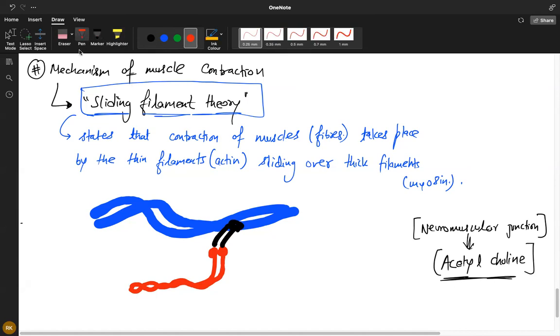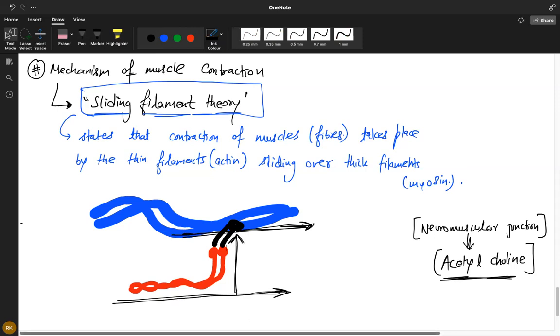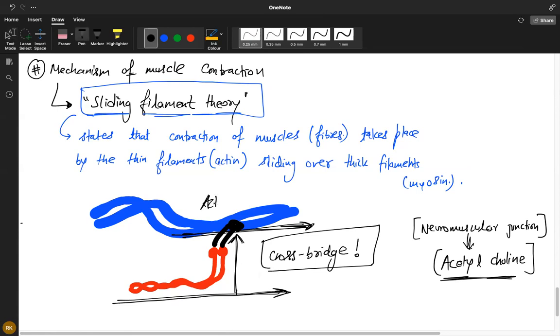And this binding looks like a bridge, right? Makes sense? The binding has happened. Is it clear, everyone? So write down, myosin head binding to the actin forms a cross bridge. Okay.